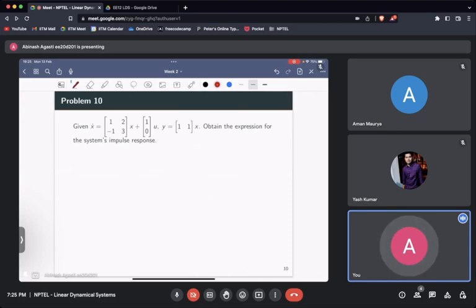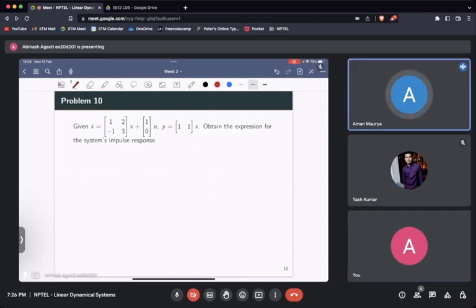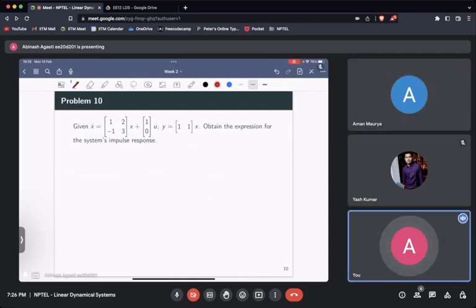So given x dot is equal to Ax plus Bu, y is equal to Cx, obtain the expression for the system's impulse response. So how do we do this? So in regular control systems, how do you obtain the impulse response?